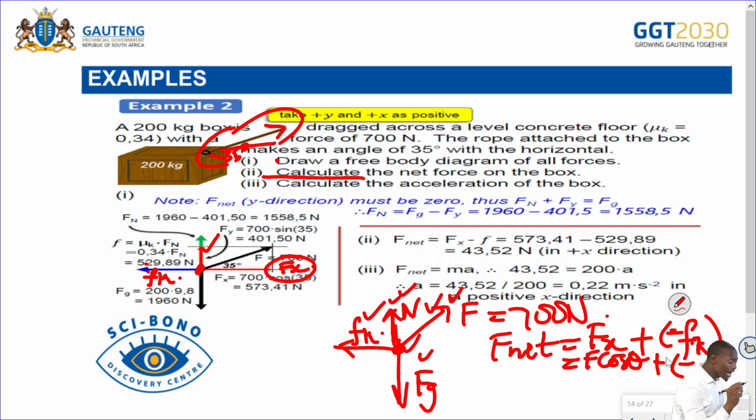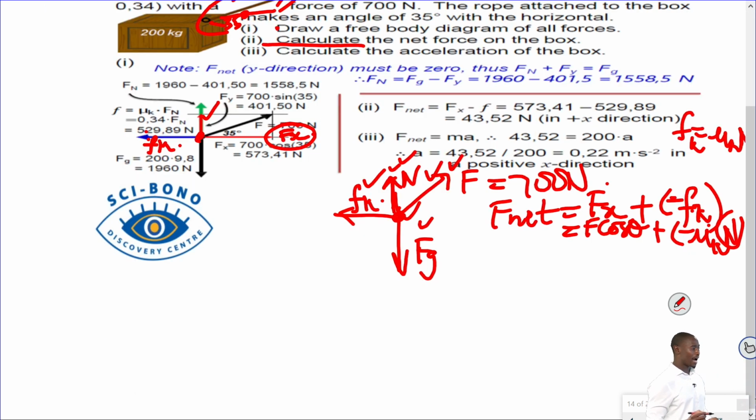Then how do I calculate Fk if I'm giving the coefficient? Go back to your data sheet, right? My Fk is given by mu k N. So where there is Fk, I can substitute mu k N. Then another thing which is very important here: how do I calculate my normal force?